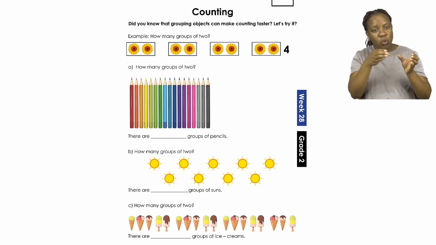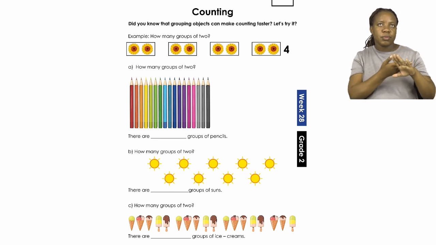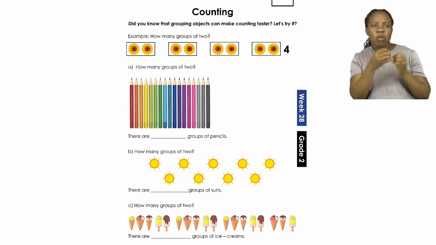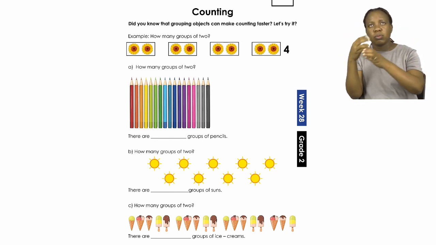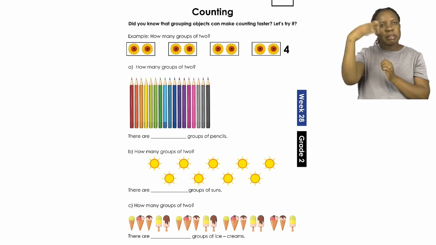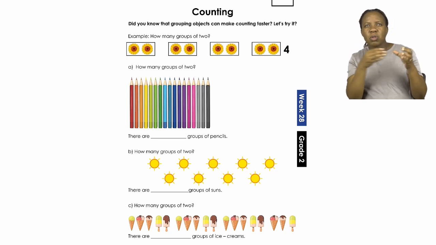Now in the example there you will see there are groups of sunflowers. Now in each group you have 2 sunflowers. And if you group all the sunflowers in groups of 2, then you have 1, 2, 3, 4 groups.